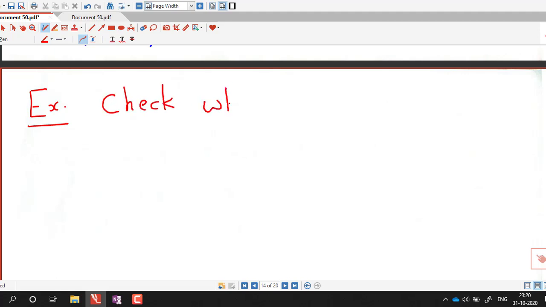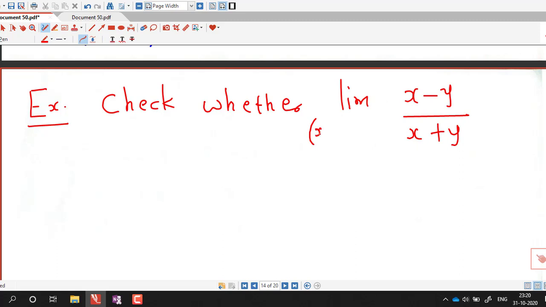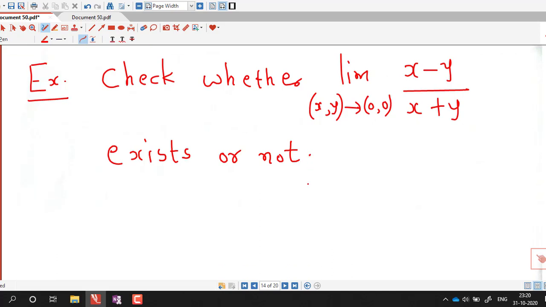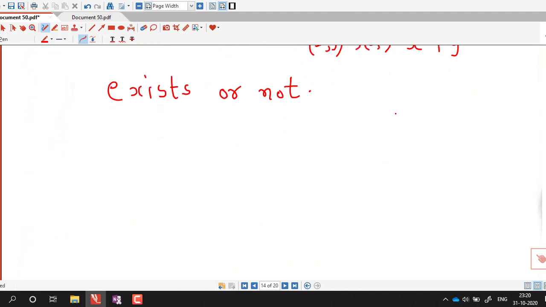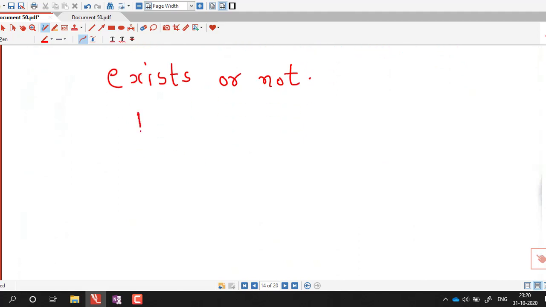Check whether the limit of (x minus y) over (x plus y), where (x,y) is approaching (0,0), that means origin, exists or not. So here our function is (x minus y) over (x plus y), and the fixed point at which we are interested in the limit is the origin.